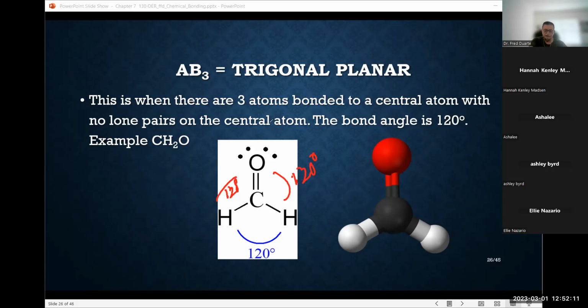If we were to take that picture and bring it out, you'll see it's flat. That has the name trigonal planar. This is a good example of it: the structure of formaldehyde. Formaldehyde is a compound that is known to cause cancer.